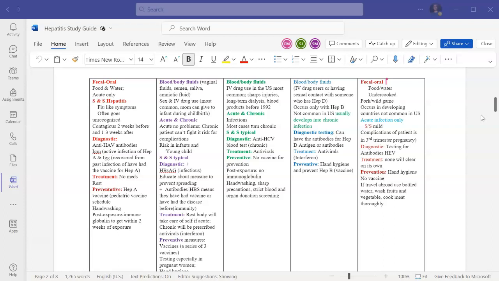And again, this information tells you the vaccines that are available for A and also B. And then it just has really good information about the lab results, what you would be looking for, and then it recaps about the function of the liver. What questions do you have about hepatitis?